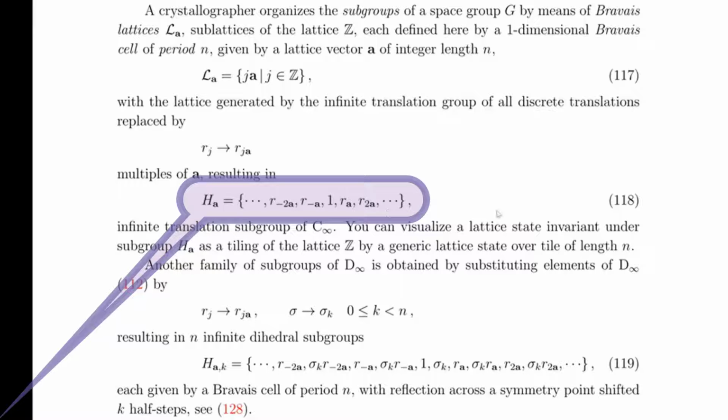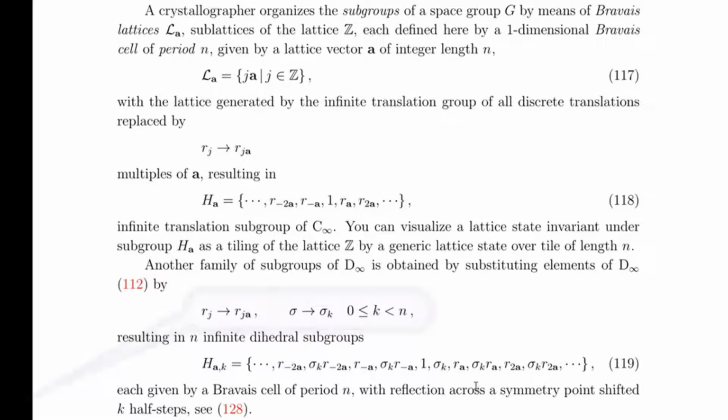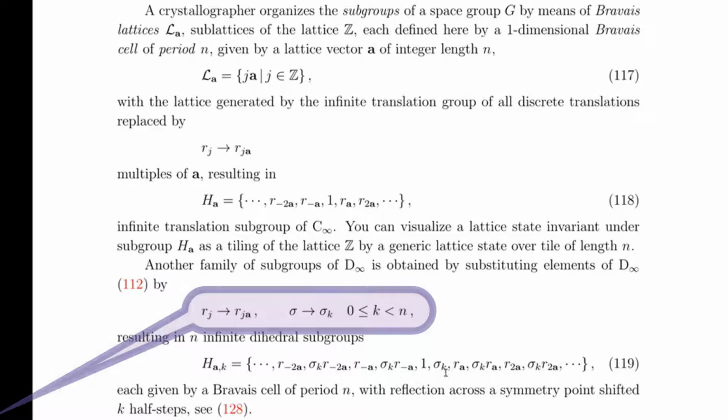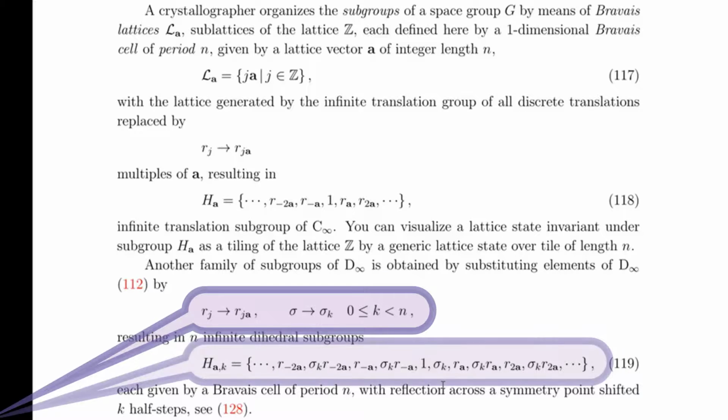So they are nice subgroups of both the cyclic and dihedral group. And then you have another set where you jump in steps of R, but you flip in steps of K times R. So I don't flip at the origin, but I flip someplace else.